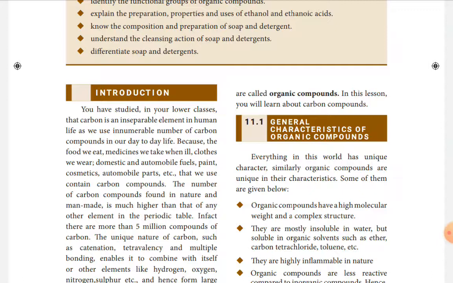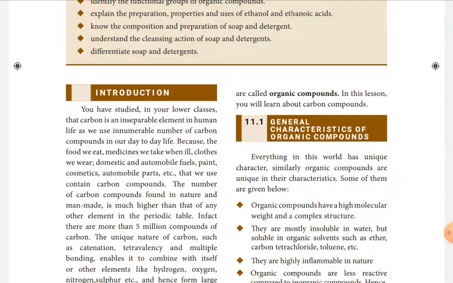Now, we already learned that carbon has the unique property to combine with carbon atoms and also with other elements like hydrogen, oxygen, and sulfur, to give a large number of organic compounds of varying lengths and shapes. The compounds formed by carbon are made by covalent bonds.